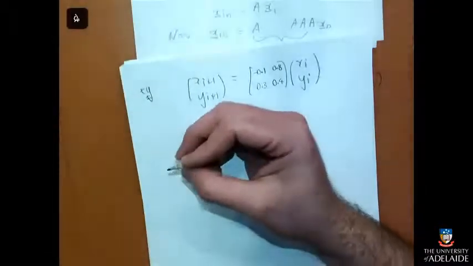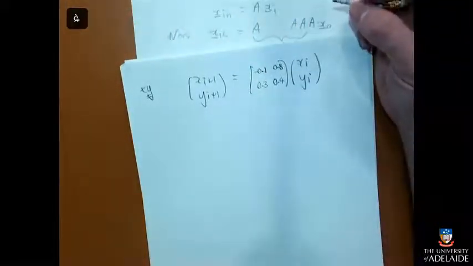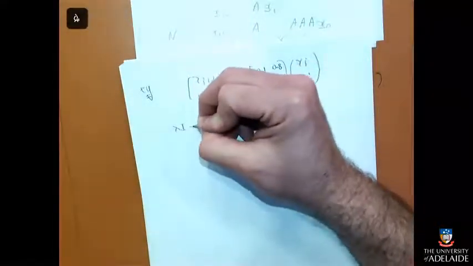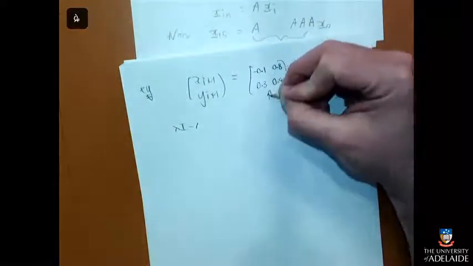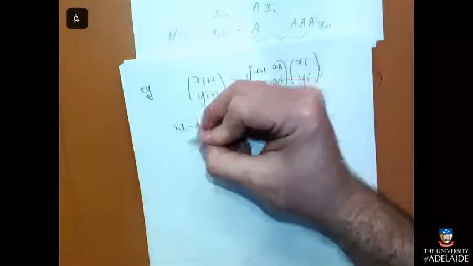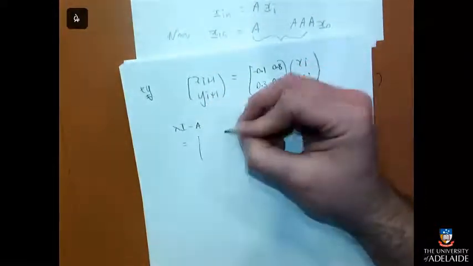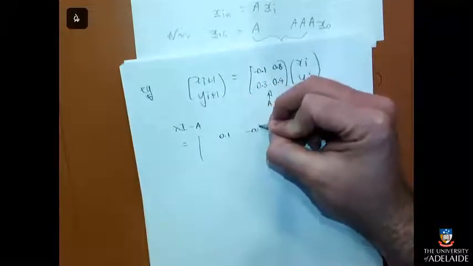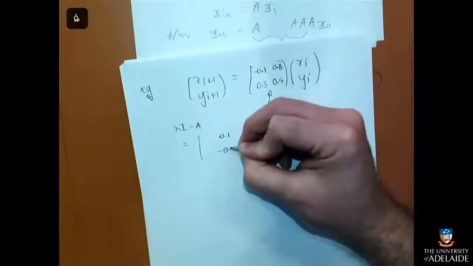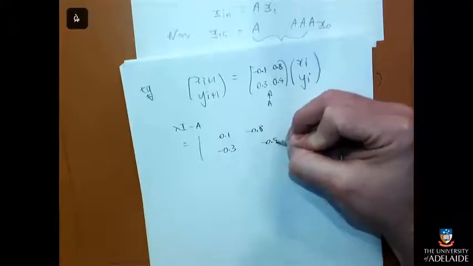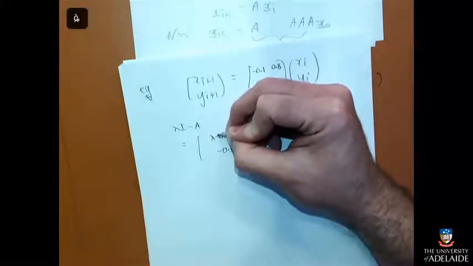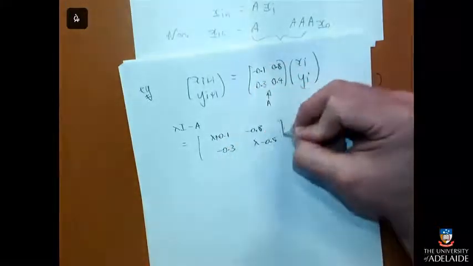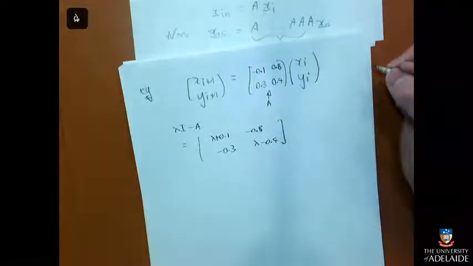So I'm going to find the eigenvalues. Let's call this A. Lambda I minus A is lambda minus 0.8, 0.3, and lambda minus 0.4.